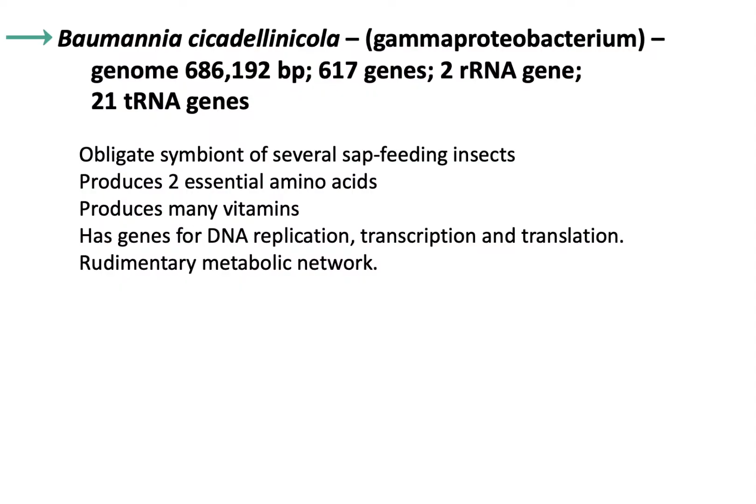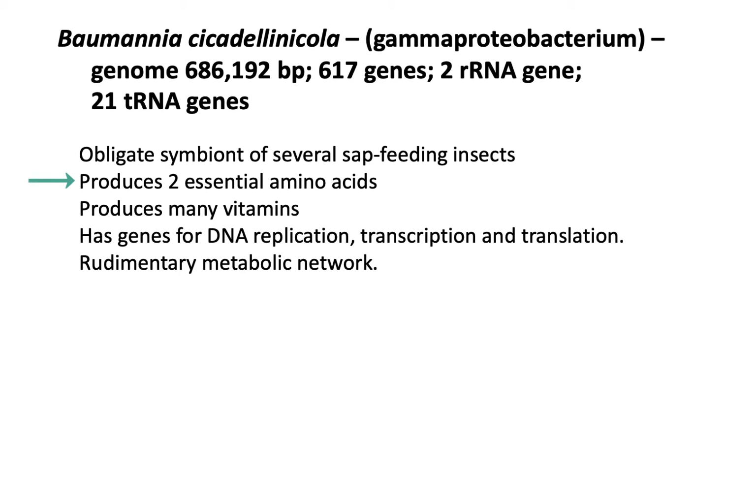Baumania species are from the gamma proteobacteria. It has a genome size of just under 687,000 base pairs. 617 genes are encoded, and it has 2 ribosomal RNA genes and 21 tRNA genes. These species all are obligate symbionts of several sap-feeding insects, including the glassy wing sharpshooter.